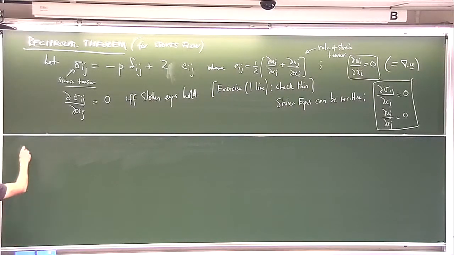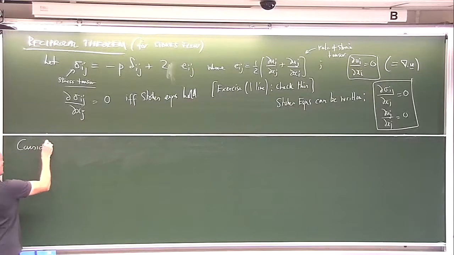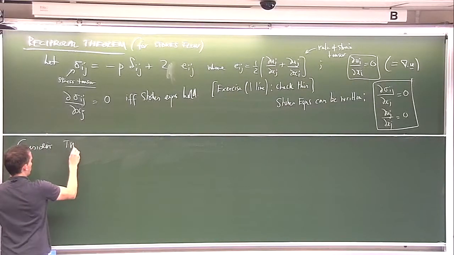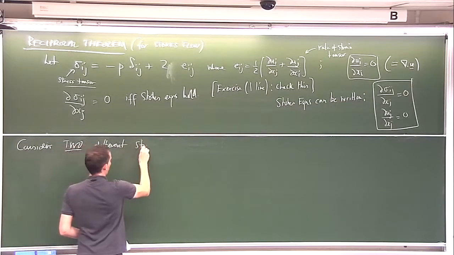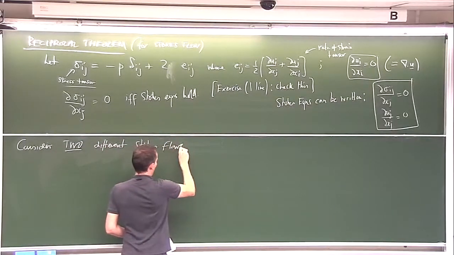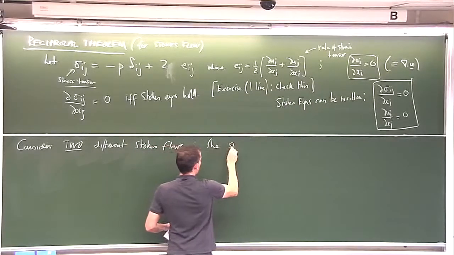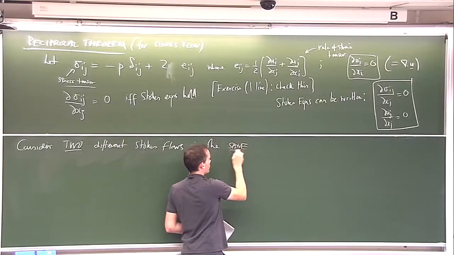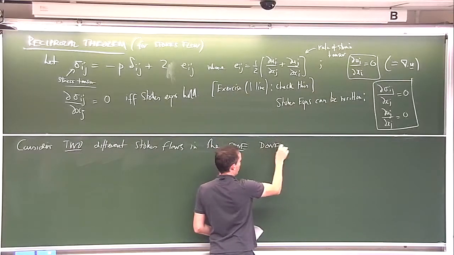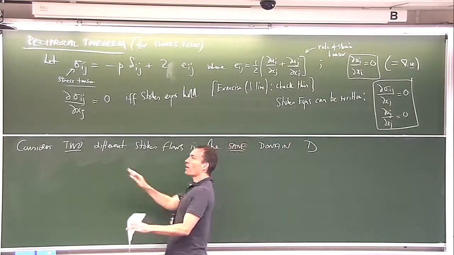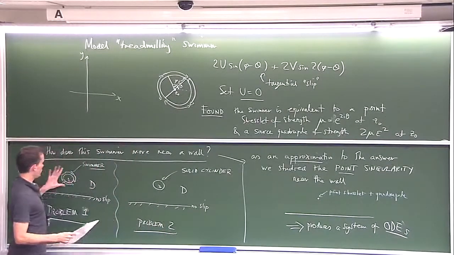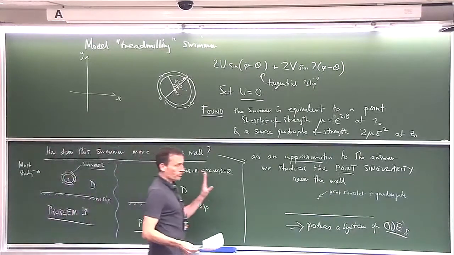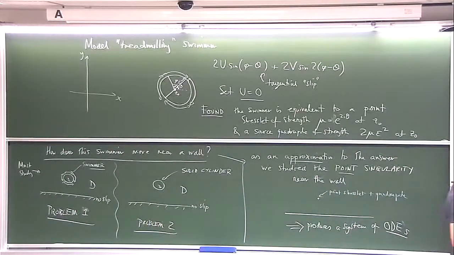Okay, so what we're going to do is consider two different Stokes flows in the same domain, D. So in your mind, you can be thinking of problem 1 and problem 2, where D is this fluid region here. Two different problems. Okay?